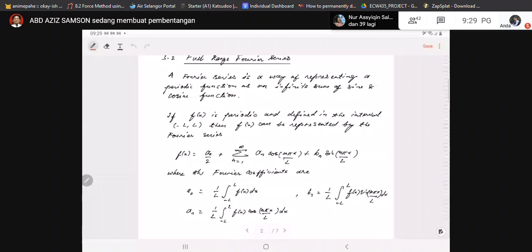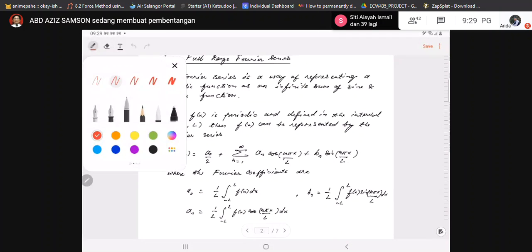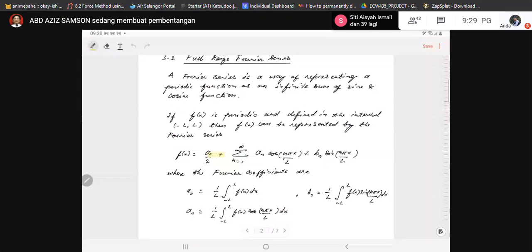Whenever a function has a complete cycle, just like the sine and cosine functions, we can see one complete cycle. So we can express functions in terms of a series of sine and cosine functions, where you have a_n. This is the Fourier series representation of a periodic function.